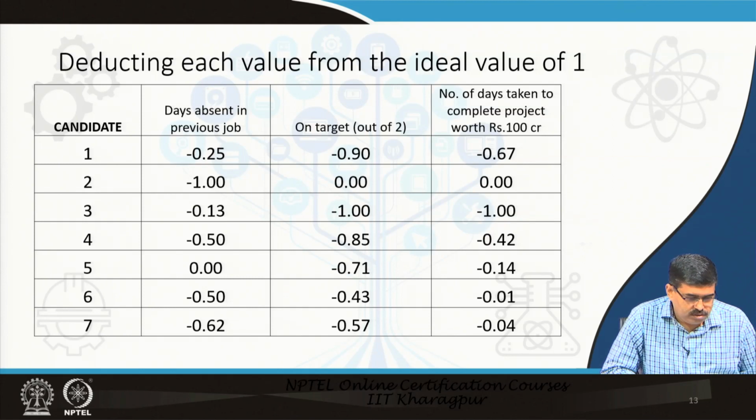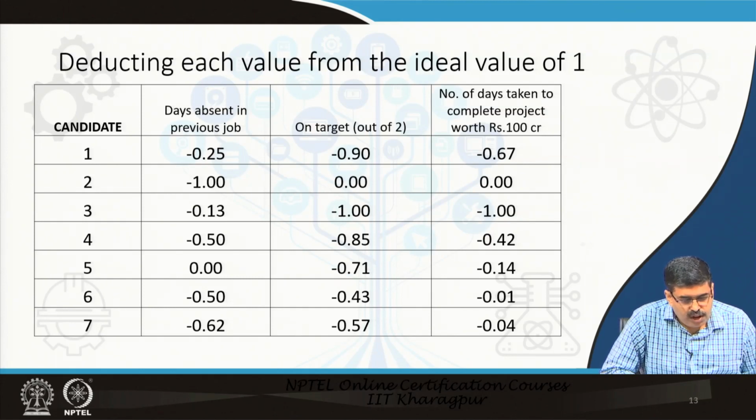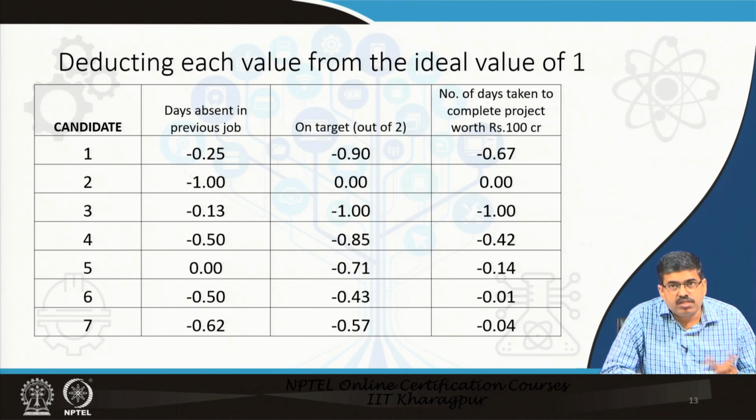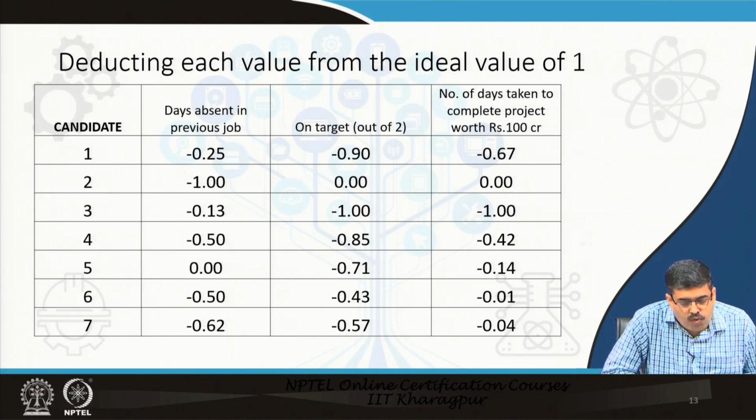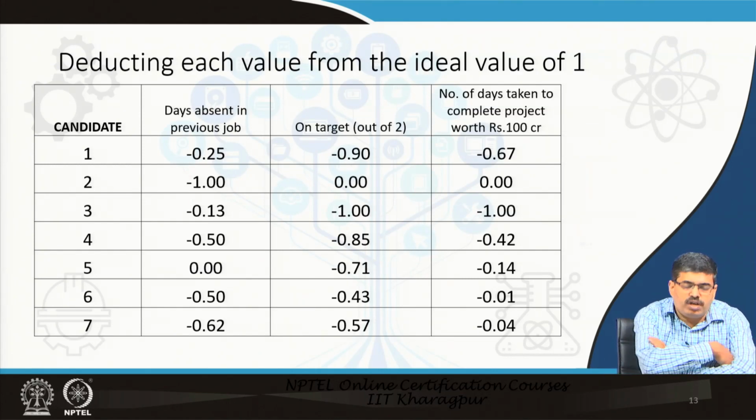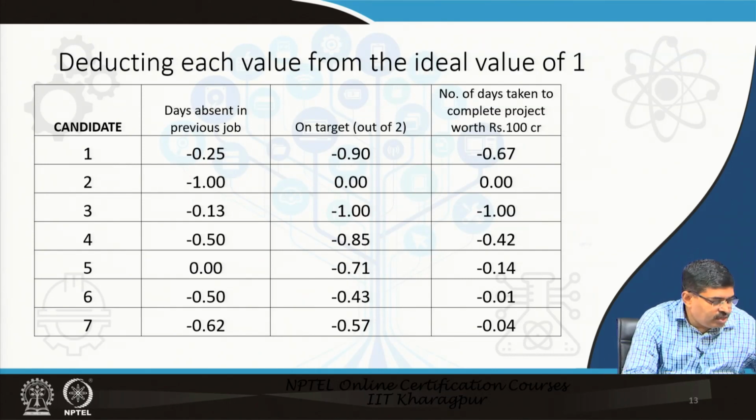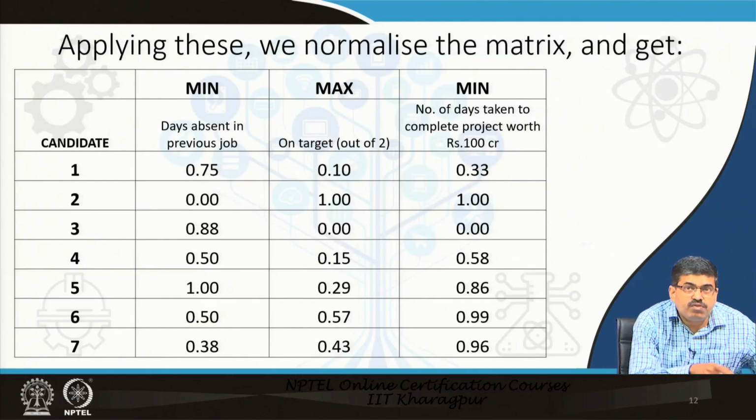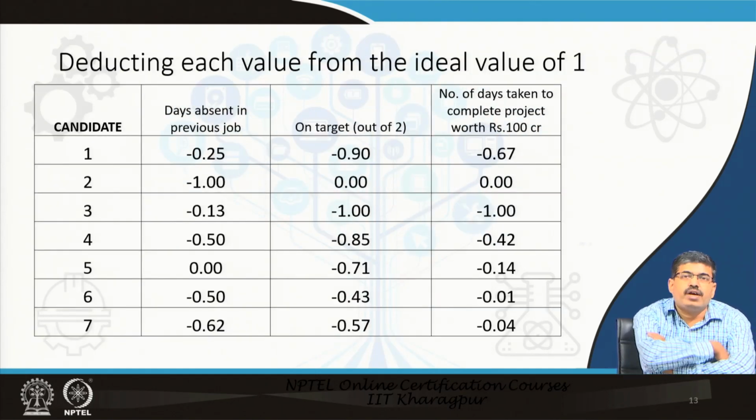Now, deducting 1 from each value. So, basically 0.75 minus 1 is minus 0.25. Now, what is this 1?